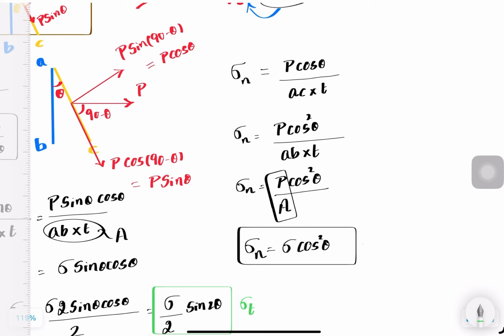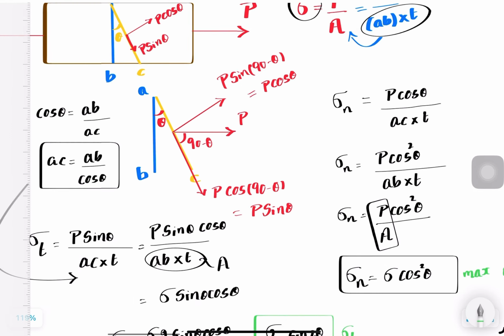It becomes maximum when the value of theta is equal to 0 degrees, or it can also become maximum when the value of theta is 180 degrees. So there are 2 values at which this is going to become maximum. When theta is equal to 0 degrees, it's just going to become maximum, right? So when do you think this theta is going to become 0 degrees?